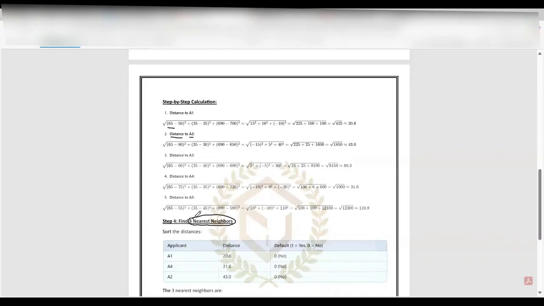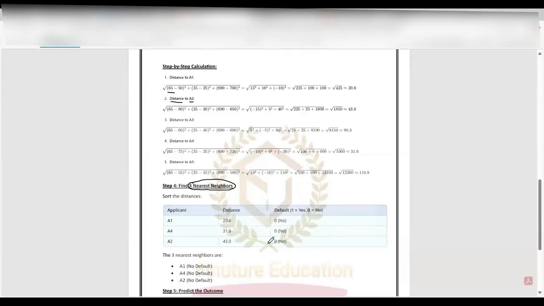You calculate all the distances and arrange them in ascending order. So you see 20.6 is taken as first, 31.6 is taken as the second data point, and the third point is 43.